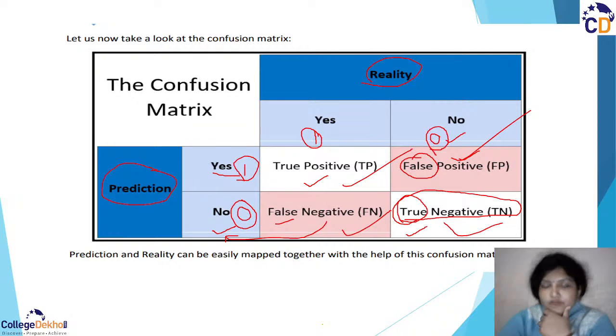When we do programming and make a confusion matrix, we might be using some matrix, or we might be using crosstabs for the representation of the confusion matrix. Basically crosstab is a tabular representation of your data set.